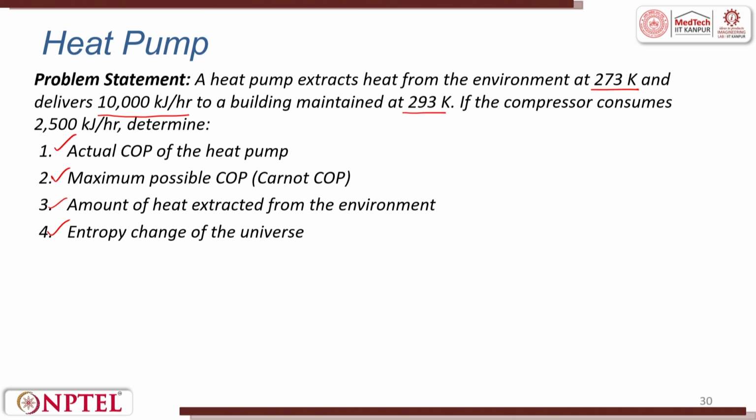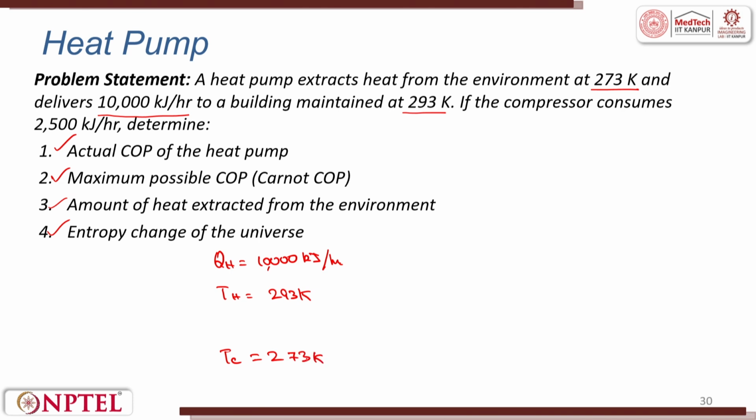So, in this we have been given the rate of heat transfer QH as 10,000 kilojoules per hour, and we have the temperatures: the hotter temperature TH is 293 Kelvin and the cooler temperature TC is equal to 273 Kelvin.